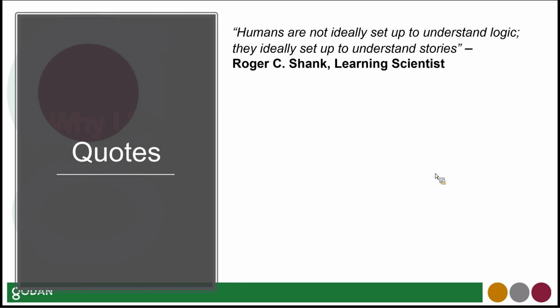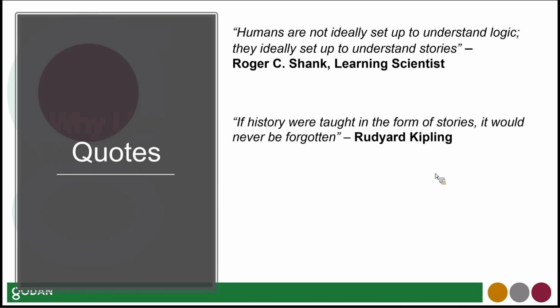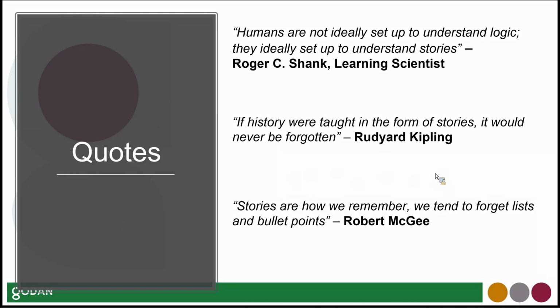There are a few quotes here to share with you. The first one says that humans are not ideally set up to understand logic, they are ideally set up to understand stories. We just understand stories and we believe them. That's how we are engineered. It is in our genes.